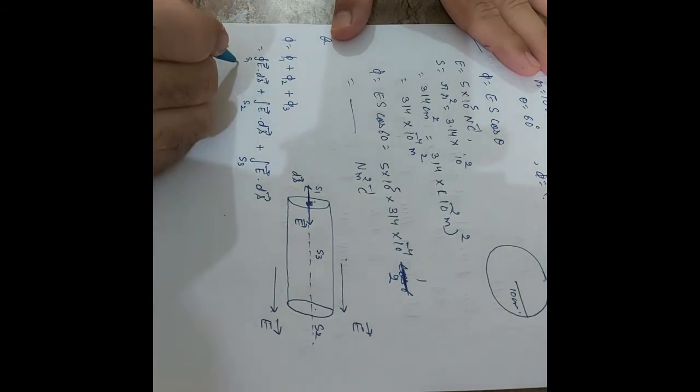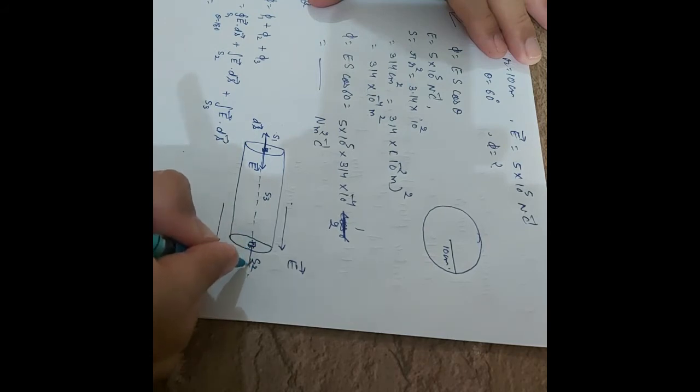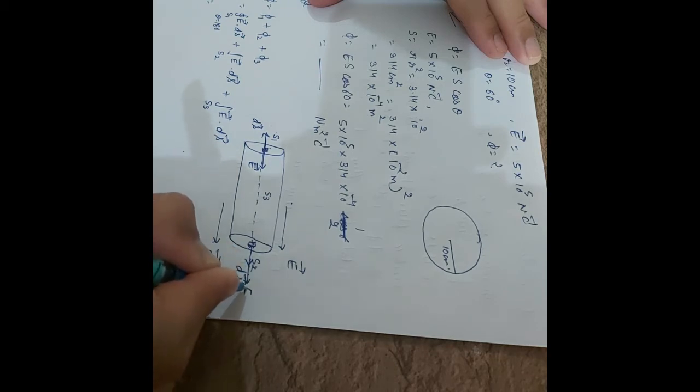Now here we know the angle θ for each surface. Let's check it out. Let's consider a small area here. The dS direction is here and E is also in this direction.